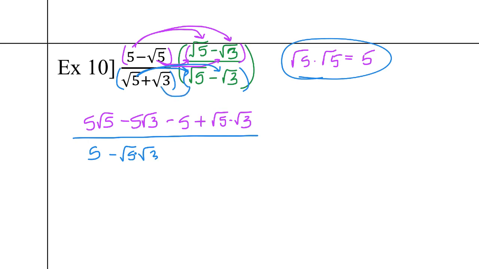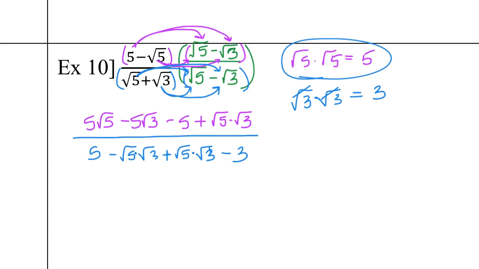Then we have square root of 3 times square root of 5. I'm going to put them in the same order as the other one. Then square root of 3 times a negative square root of 3: positive times negative makes a negative. Same idea as the square roots of 5, square root of 3 times square root of 3 is just going to give us a 3.